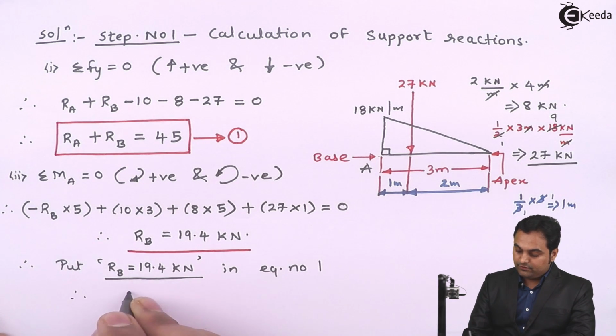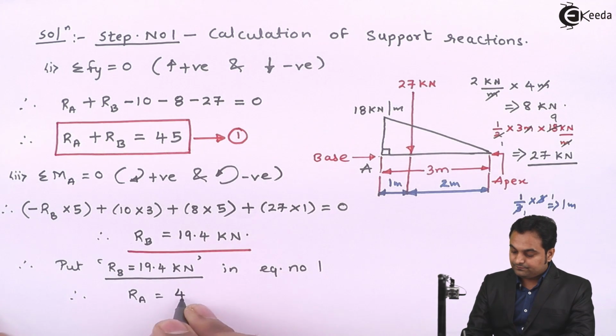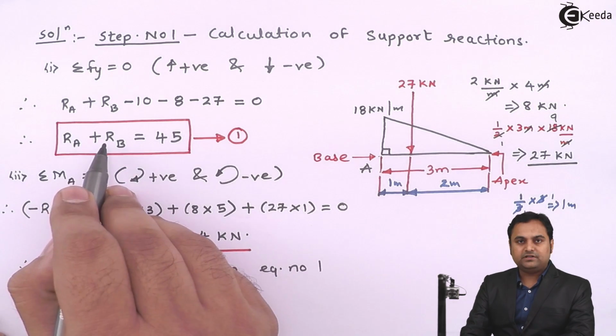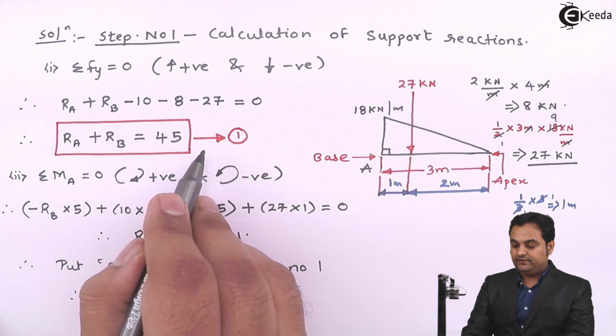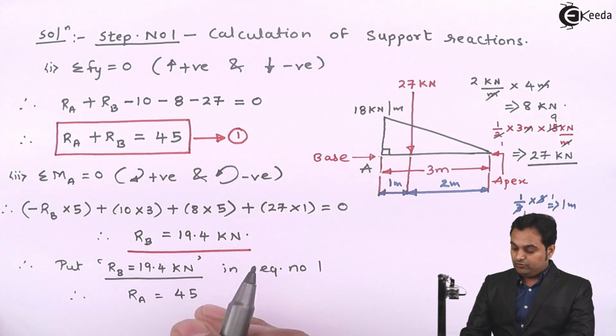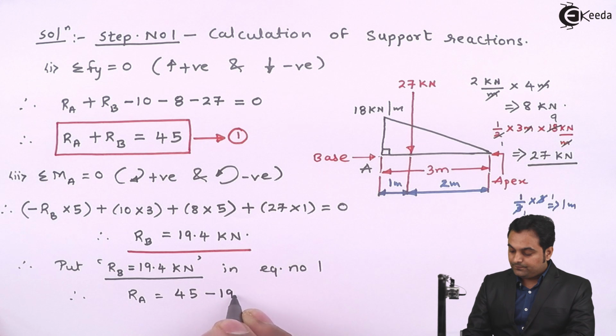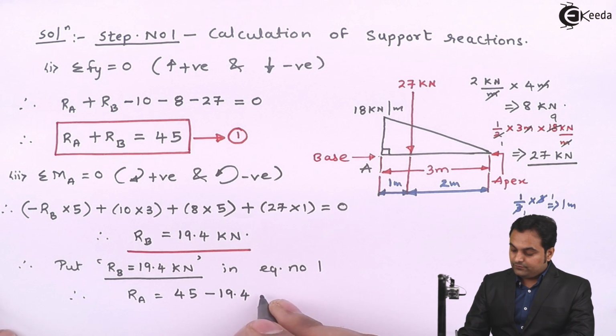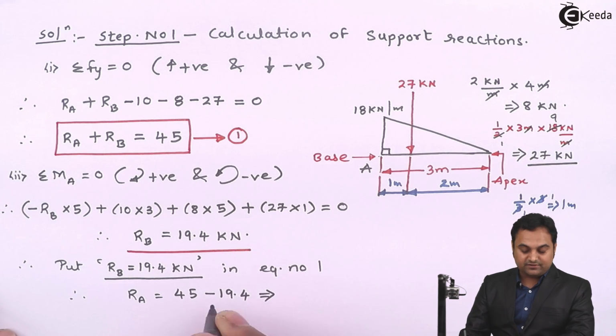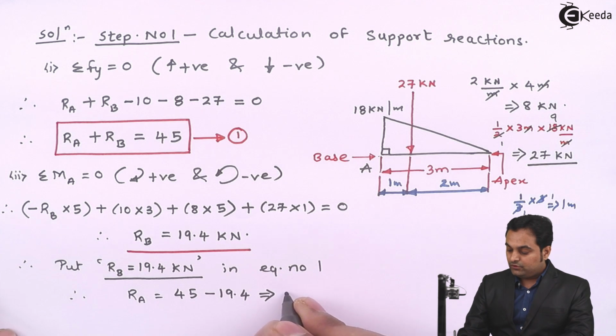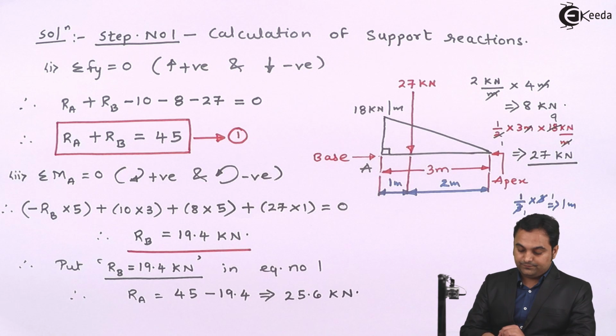So therefore we have RA is equal to 45. Here we have plus RB. If I send it on the right hand side, that becomes minus RB. So minus 19.4. So therefore this subtraction gives me the value as 25.6 kilonewton.